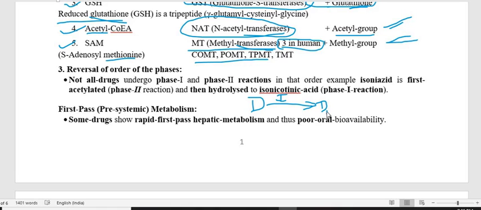If the drug metabolite, or the drug as such, is not ionic and not water soluble, then it will go through the phase 2 reaction.